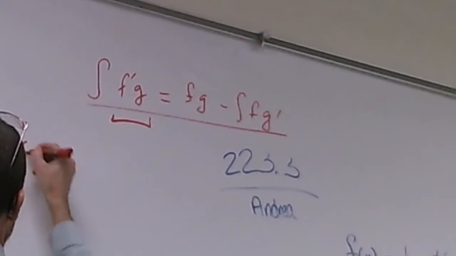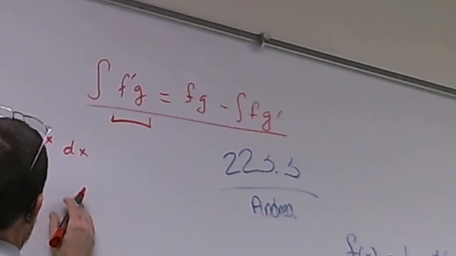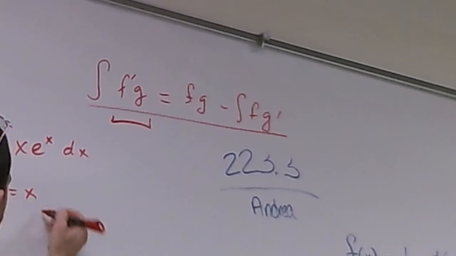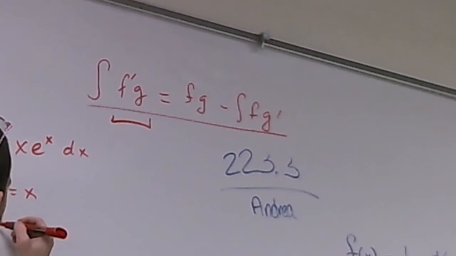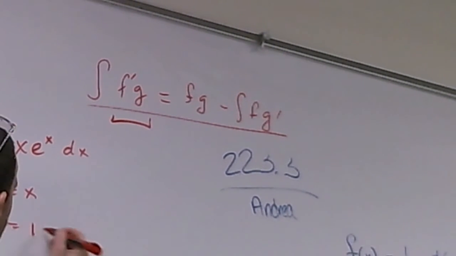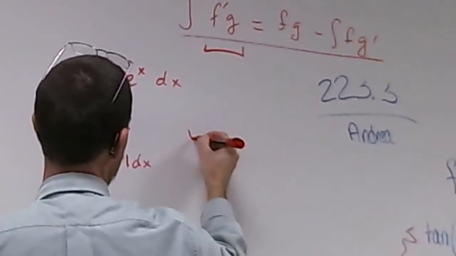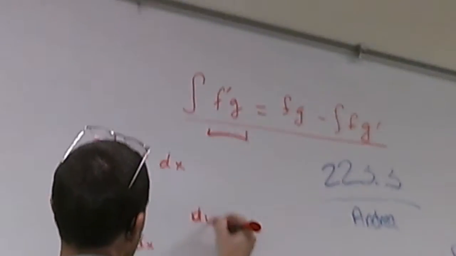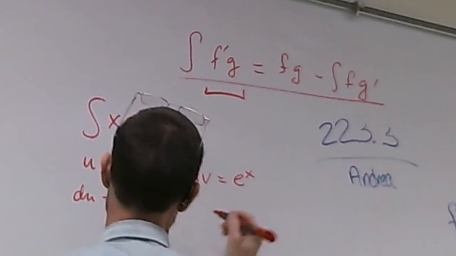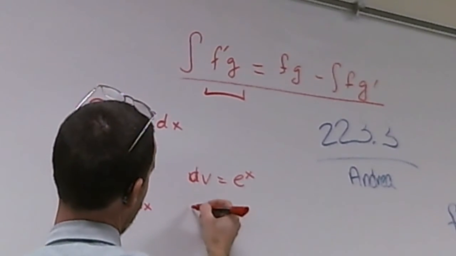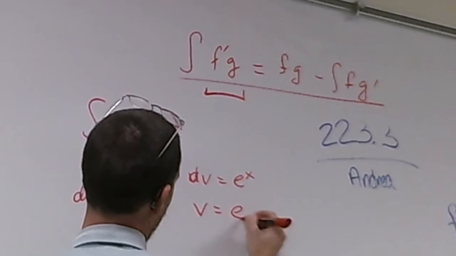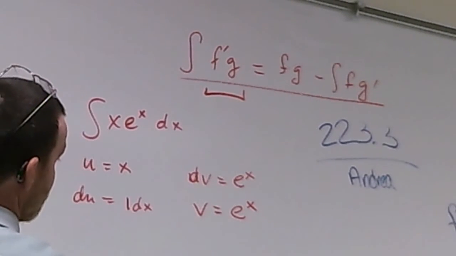You think of like integral of x e to the x dx, and you say, all right, I'll let my u be x, my du will be 1 dx, and my dv will be e to the x, and my v, therefore, will be e to the x.